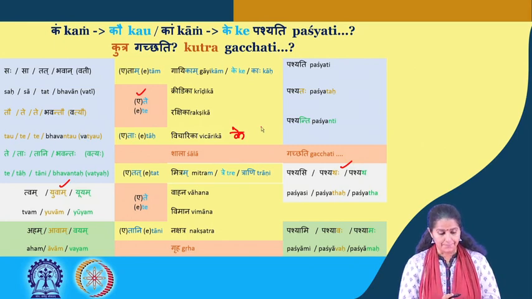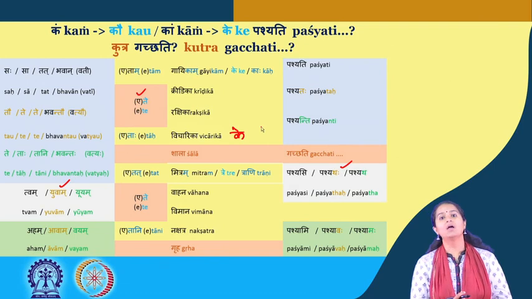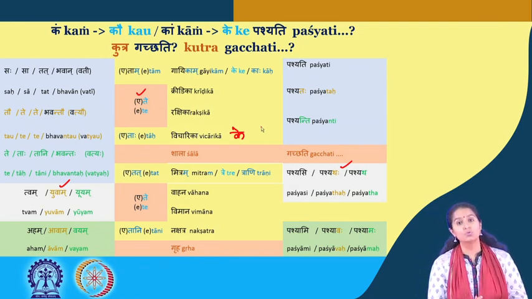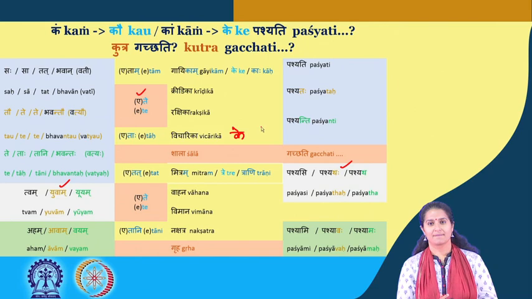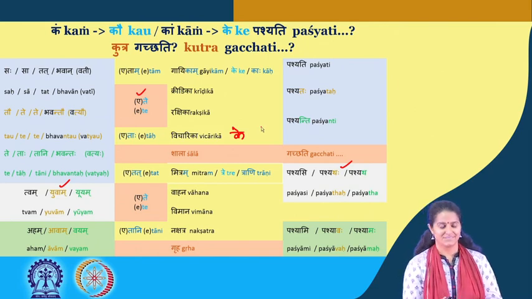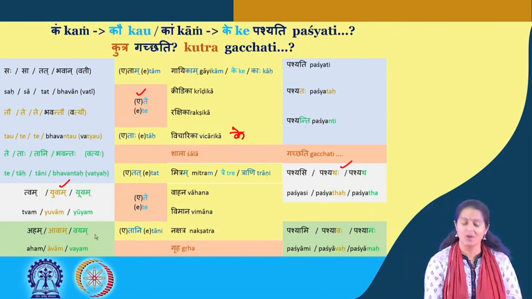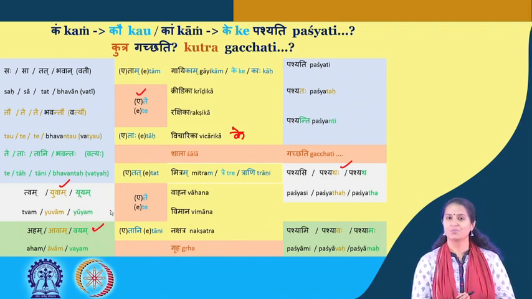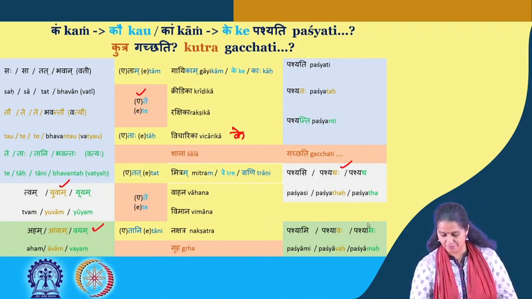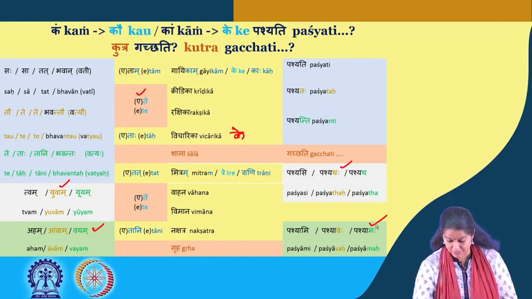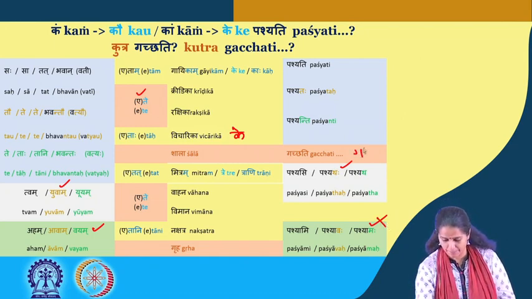So, we all go to those houses, those two houses. So, we all go to those two houses. Uttamam. So, we all will be vayam and the corresponding verb, sorry, not this, but gacchamaha.